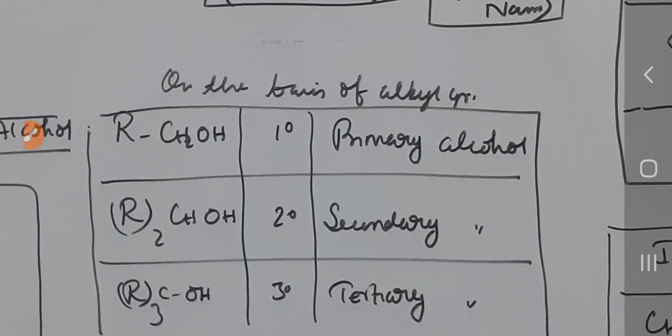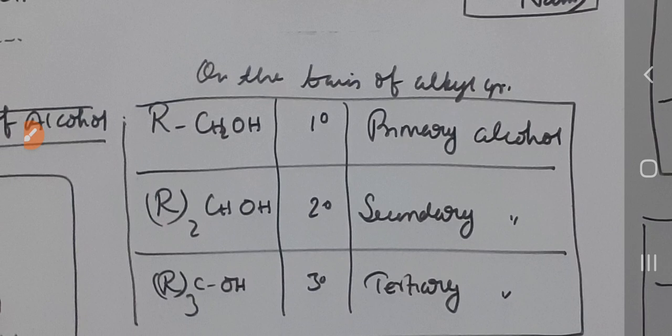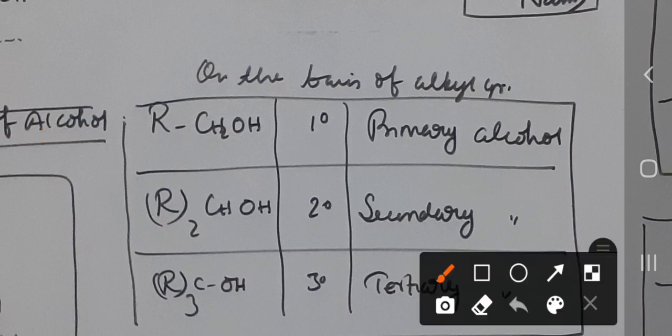Here on your screen you can see that on the basis of alkyl group, alcohols are classified as 1 degree, 2 degree and 3 degree alcohol. If there is one alkyl group, then it is 1 degree or primary alcohol. If there are two alkyl groups, then it is considered secondary. And in case of having 3 alkyl groups, tertiary alcohol.